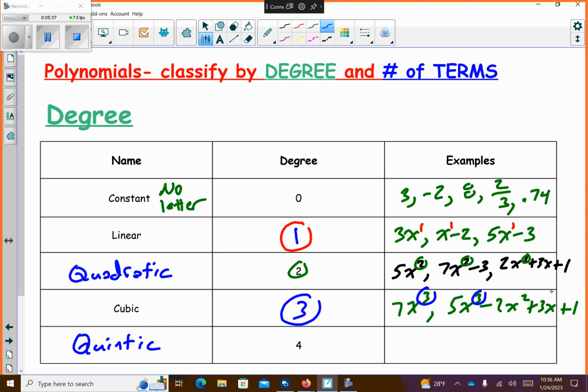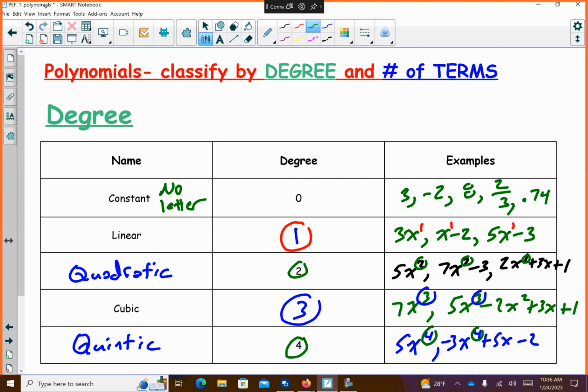Quintic is raised to the fourth power, like 5x to the fourth, or a big drawn out negative 3x to the fourth plus 5x minus 2. Then could it be a fourth dimension? A lot of times the fourth dimension is mistakenly called time.